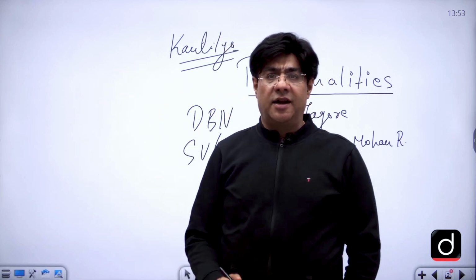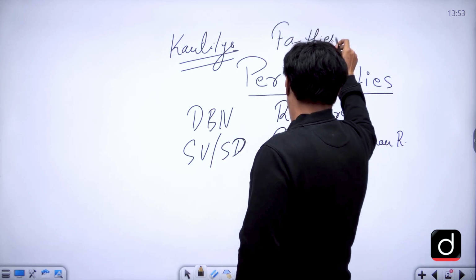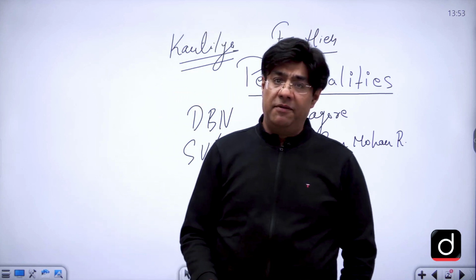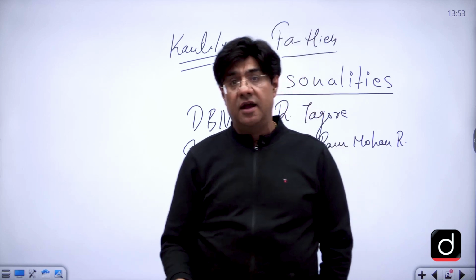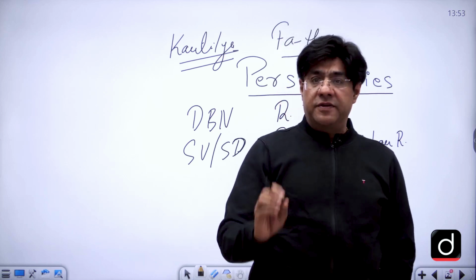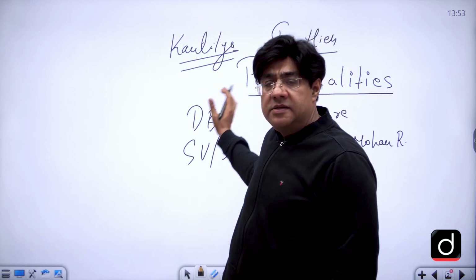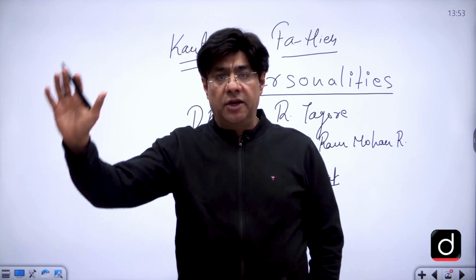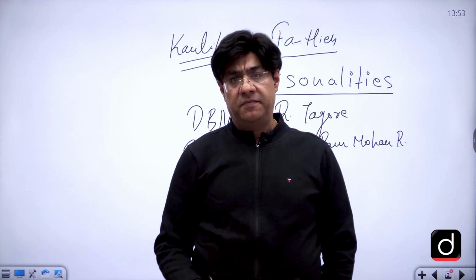One, as I said, is Kautilya. Another one is a Chinese traveler, Fahien, who came to India during the reign of the Gupta ruler, Chandragupta. Then there is another Chinese traveler, Yuan Chwang, who came to India during the reign of Harshavardhana. The point which I am trying to make is that you can make one separate theme in history for personalities, both in your modern history revision and ancient and medieval history revision.